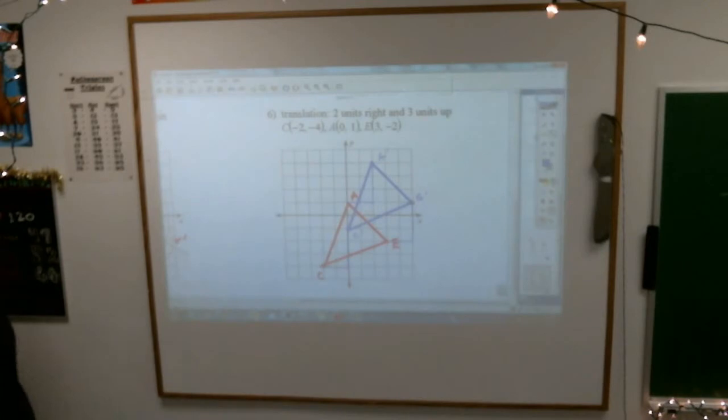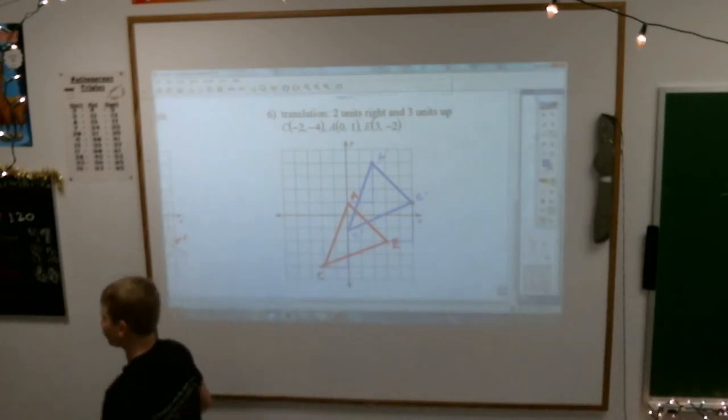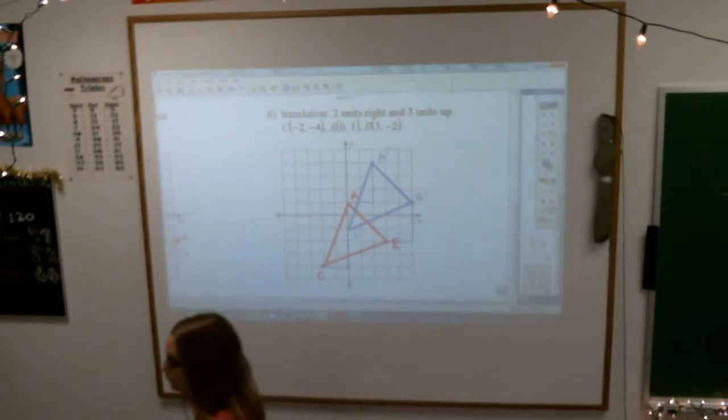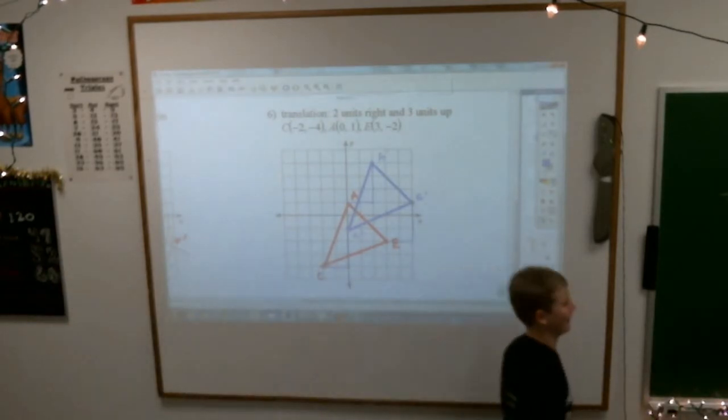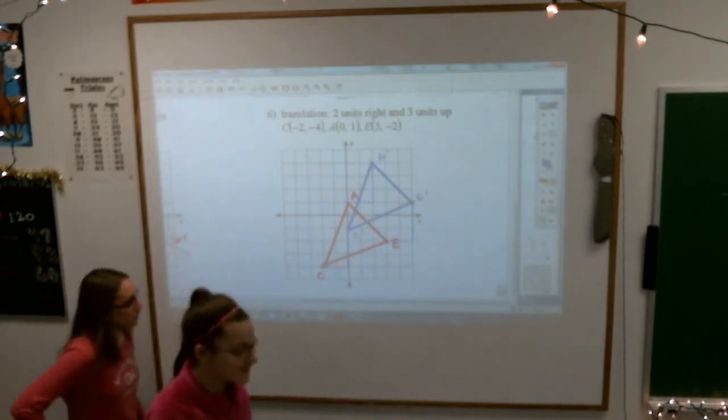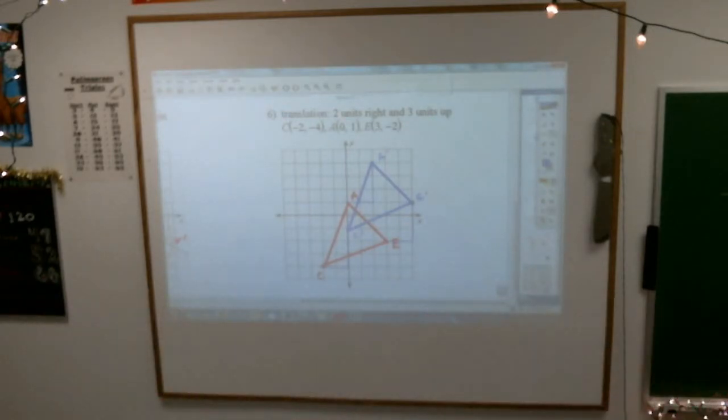Got a little worksheet there. There is a backside. I don't know whether we'll get to it or not. I would recommend not doing this in pen.